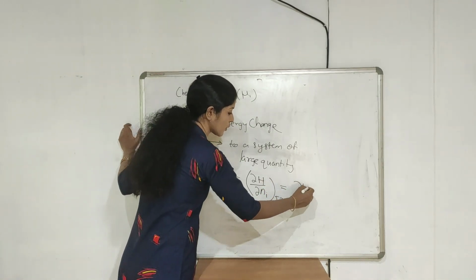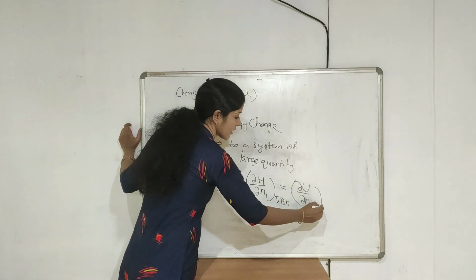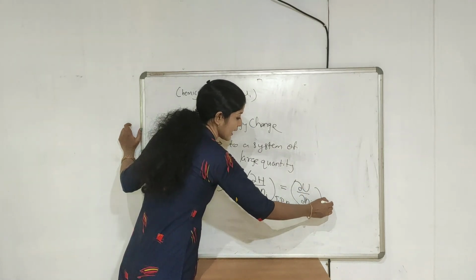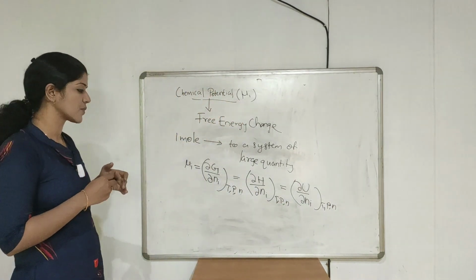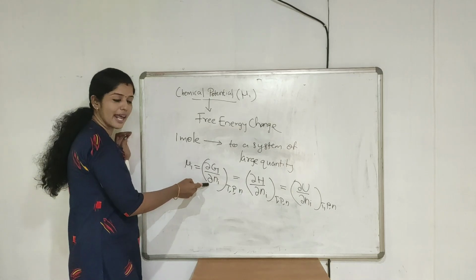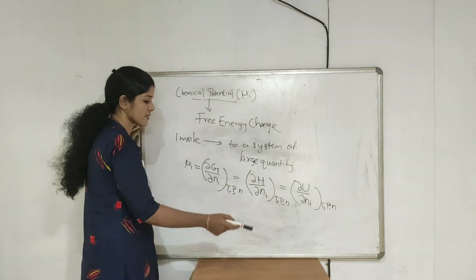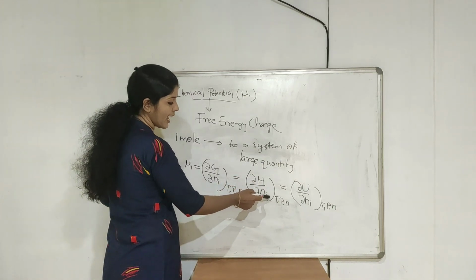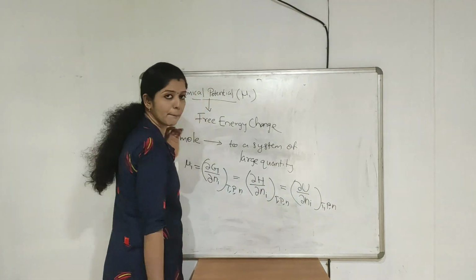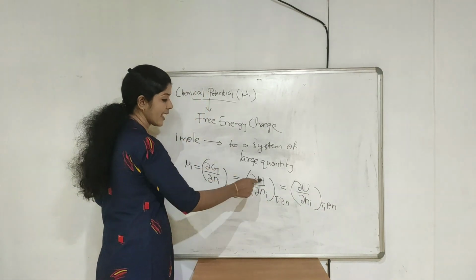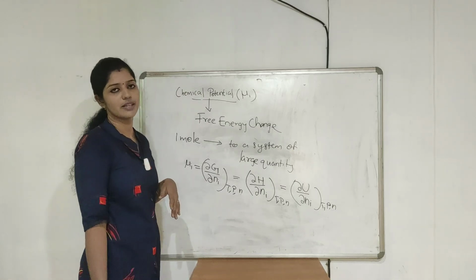That is again equal to dou U by dou Ni at constant T, p and N. So mu i is represented using dou G by dou Ni, dou H by dou Ni and dou U by dou Ni, because G, H and U all represent energy of a system.